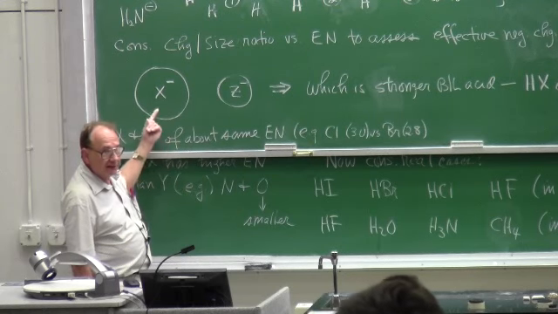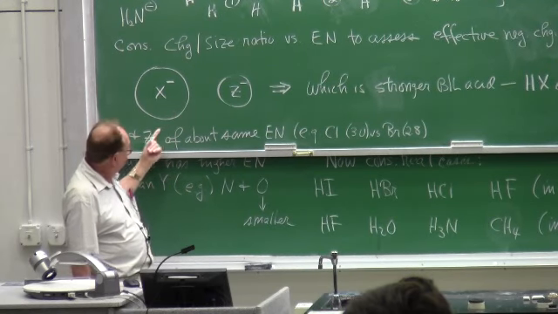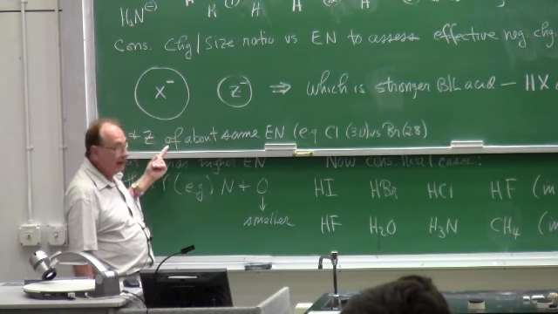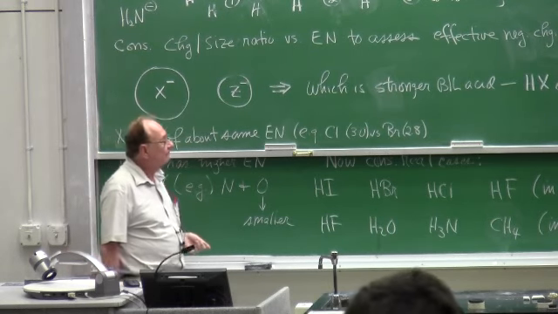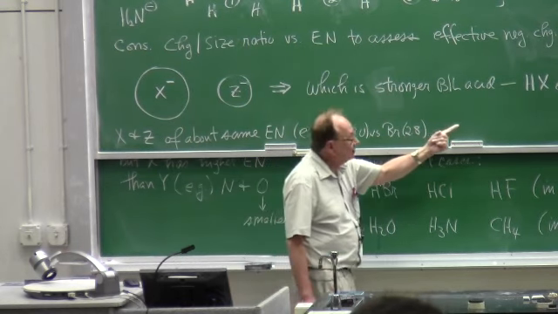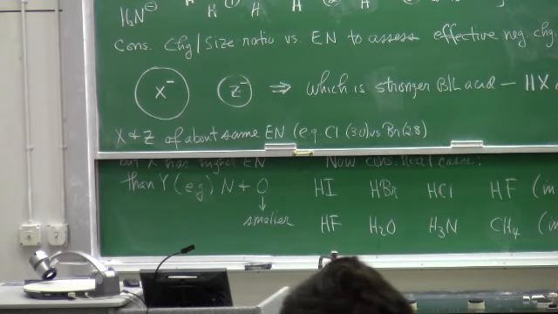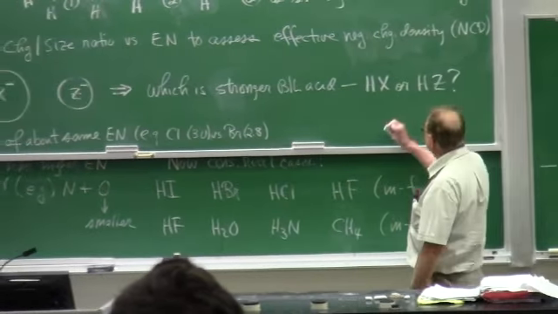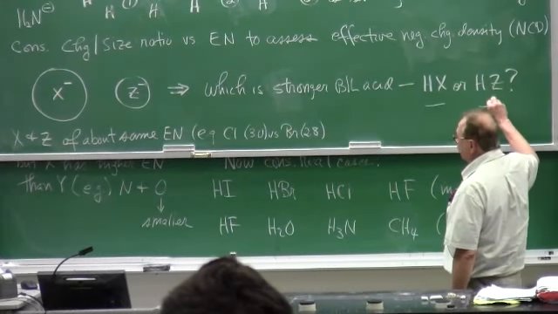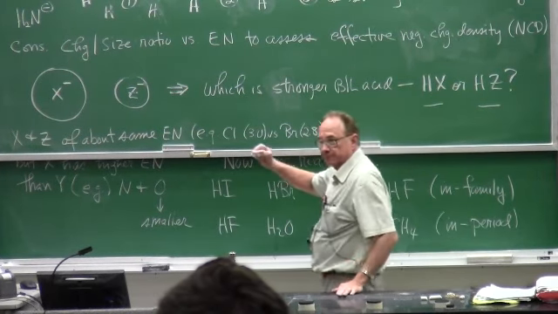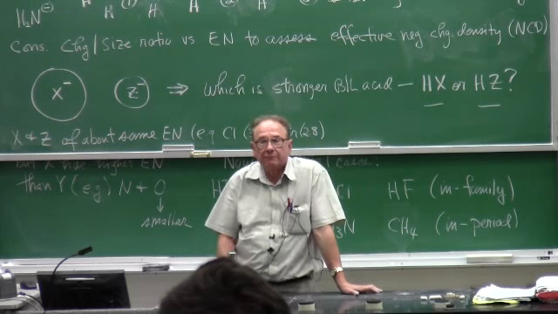Now, let's take these anions derived from atoms X and Z and add H plus to them. Then we make HX and HZ. Which of these do you expect to be the stronger acid? Which one?